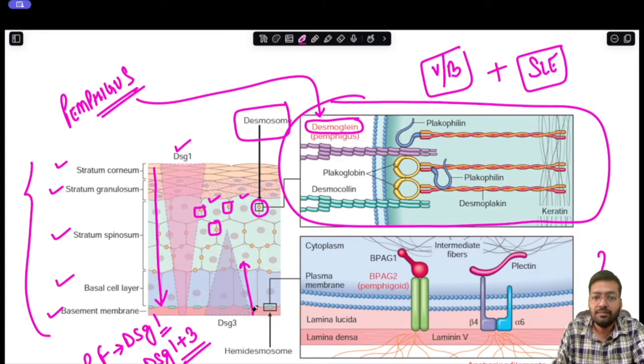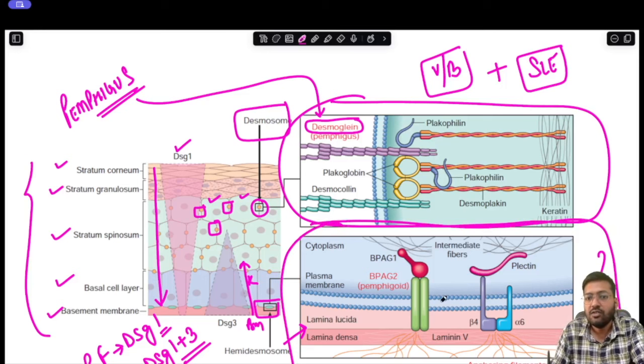Another thing, there is one other component called the hemidesmosome, which attaches the keratinocytes to the basement membrane. If you enlarge this hemidesmosome, there is one component, BPAG2. If autoantibodies are formed against BPAG2, it leads to a condition known as bullous pemphigoid.